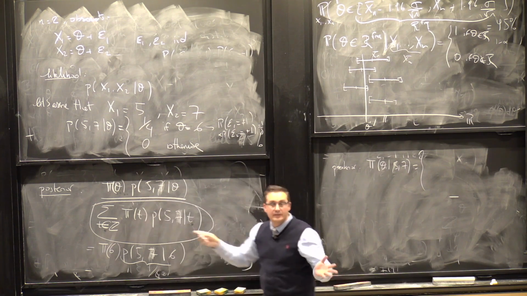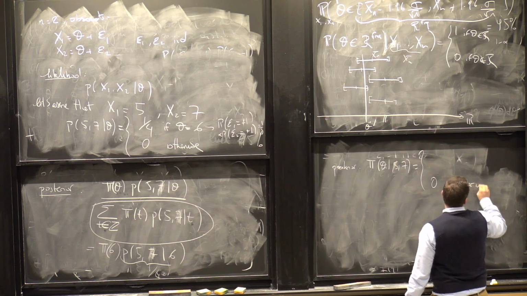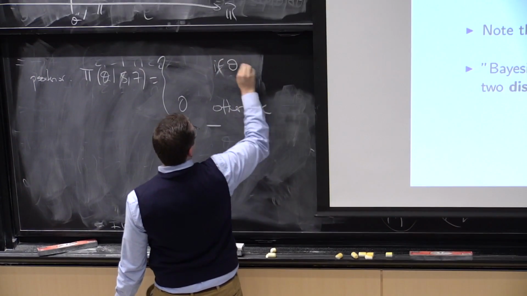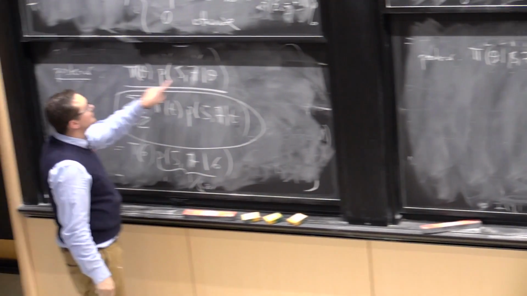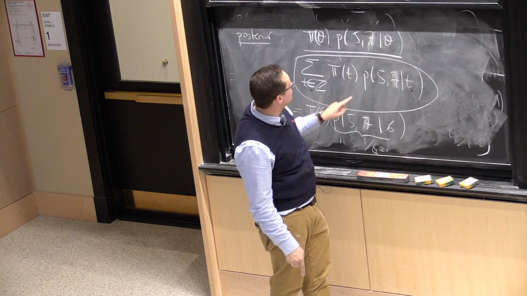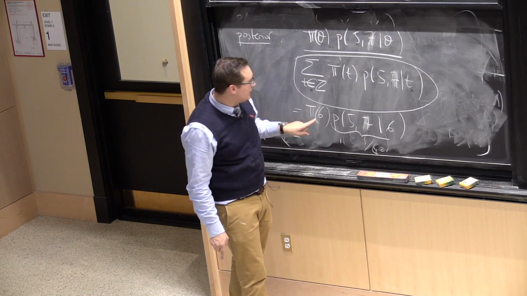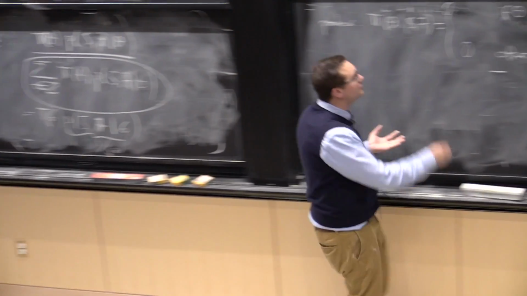So regardless of what I do here, I get 0. And if theta is equal to 6, what I get is pi of 6 times p of 5, 7 given 6, which I've just computed here, which is 1/4, divided by pi of 6 times 1/4. So it's the ratio of two things that are identical, so I get 1.